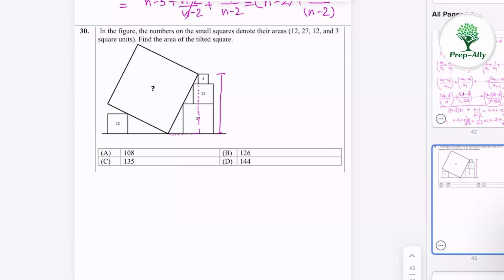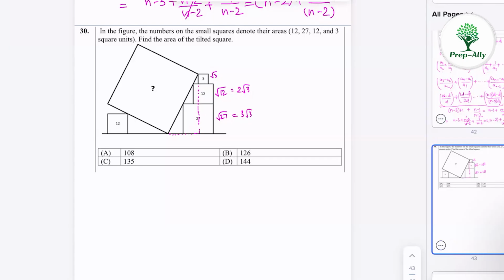So let's first find the sides of these squares. Side of this square here is square root of 3. Side of this square here with area 12 is square root of 12, which is 2 root 3. And the side of this square here is square root of 27, which is 3 root 3.